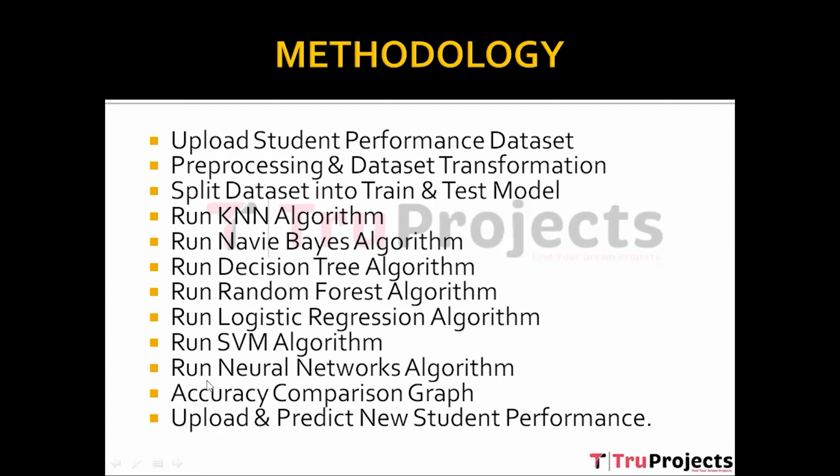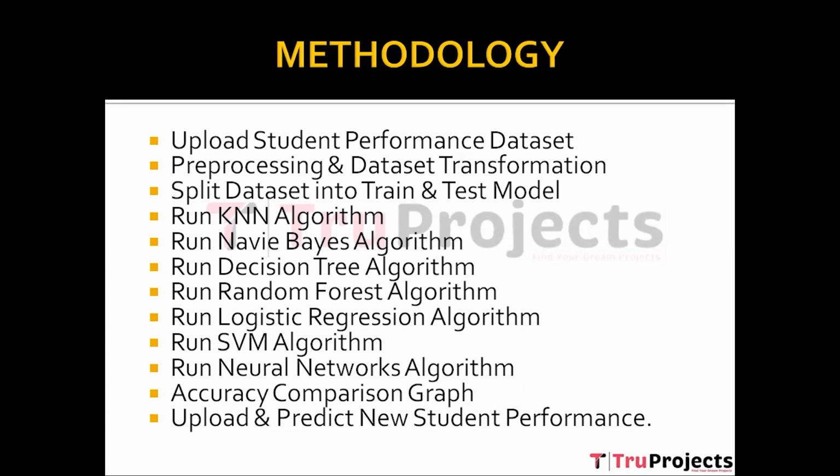The next module, run neural network algorithm. In this module, we are going to build the neural network with the training dataset, and with the test dataset we are going to calculate the accuracy of the prediction across different layers: dense layers, dropouts, and multiple layers in the neural network. Next module, accuracy comparison graph.